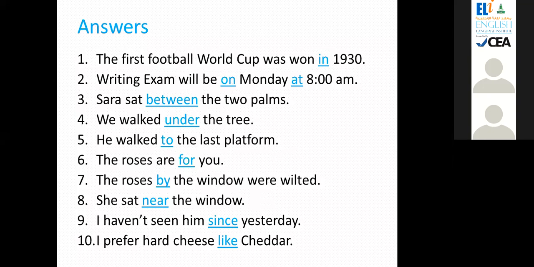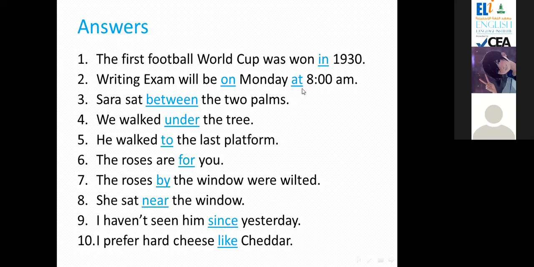When I say the first football World Cup was won in 1930, we use it with time. And here, the writing exam will be on Monday.